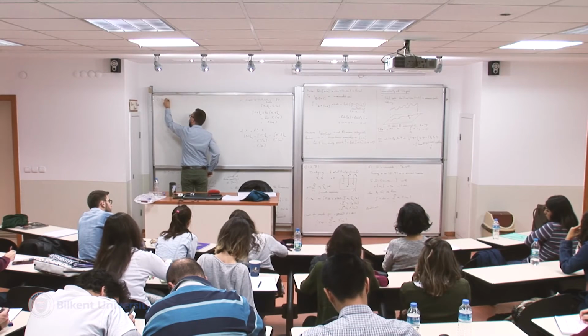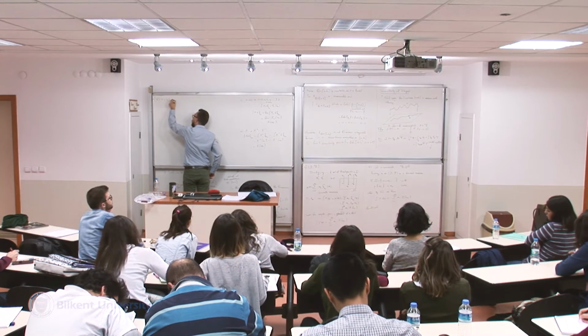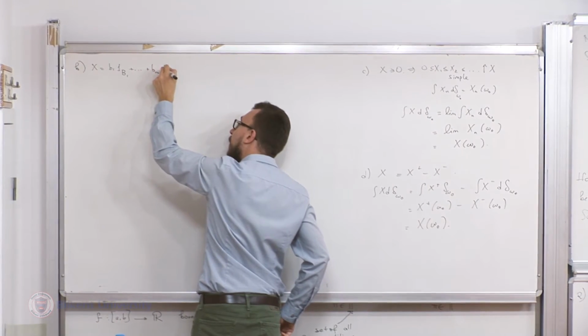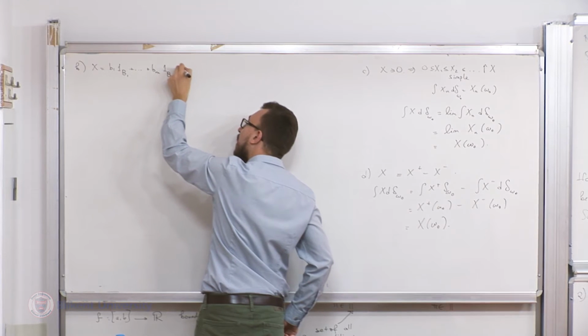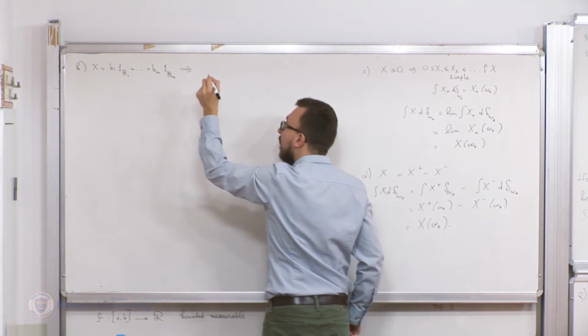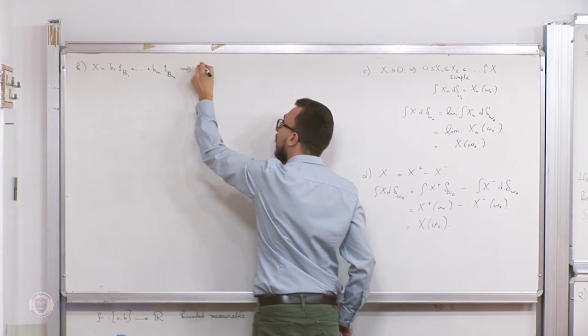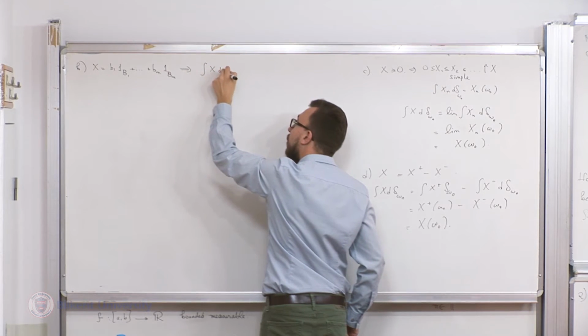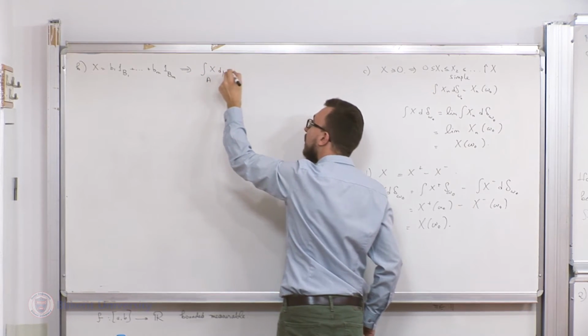If you have b1 indicator B1, up to bm indicator Bm, and you'd like to integrate x dμ over A, what is it?